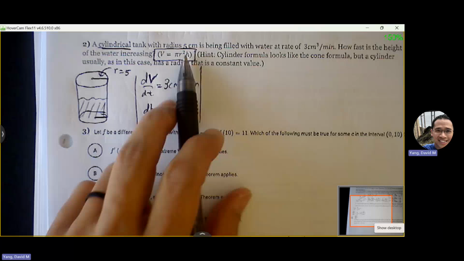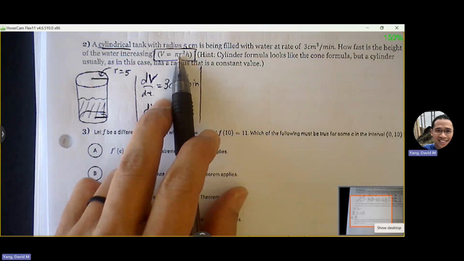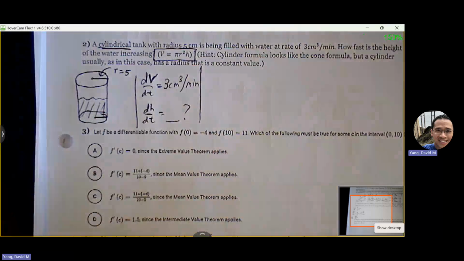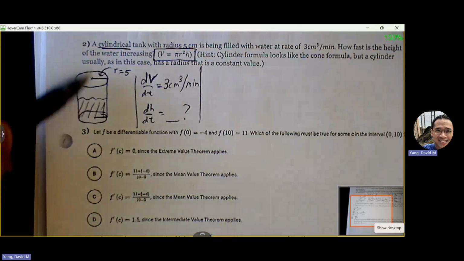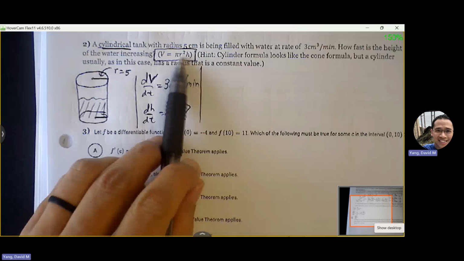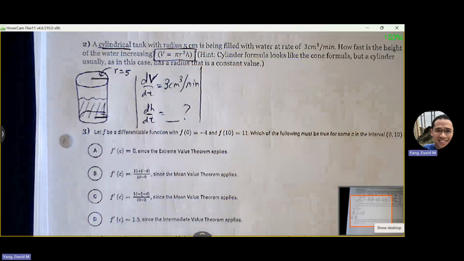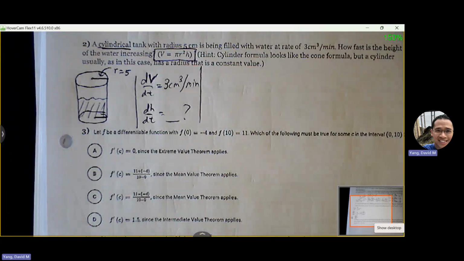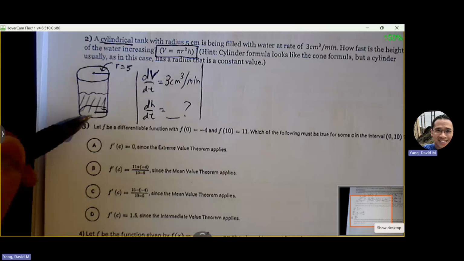So there's no need to hold on to a variable if it's never changing. In the previous volume formula, we had to hold on to our radius and height because the radius kept changing, the height kept changing. We can't insert a value because as soon as we do, it's going to change to something else. But if our radius is never changing, we can replace that r with a number and be done with that variable. At the beginning of the problem, the radius is 5.